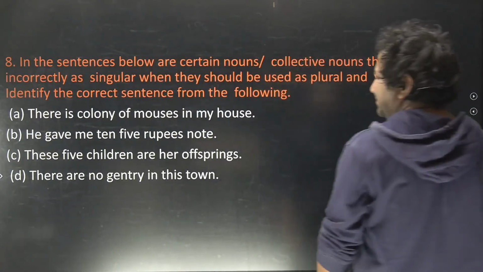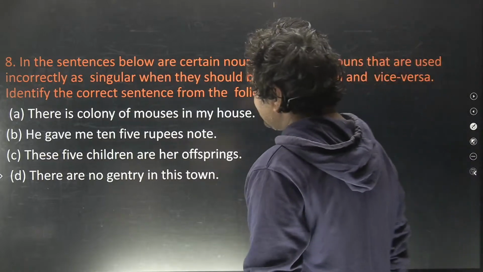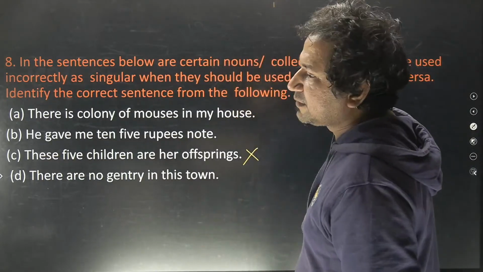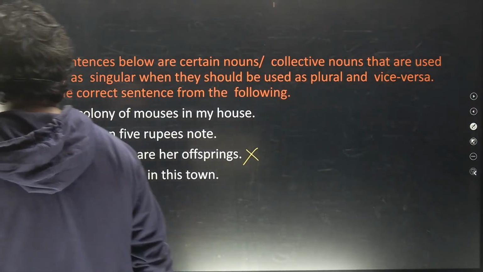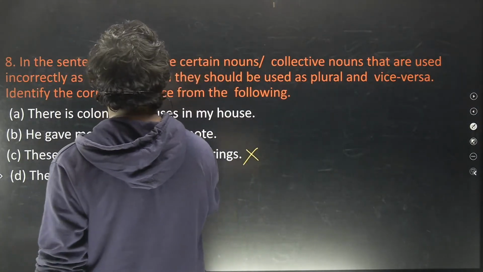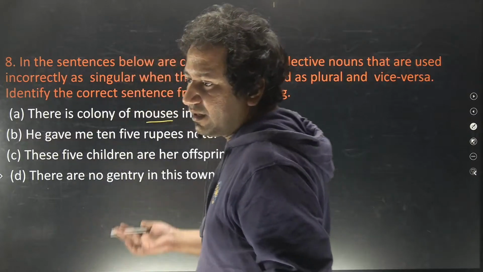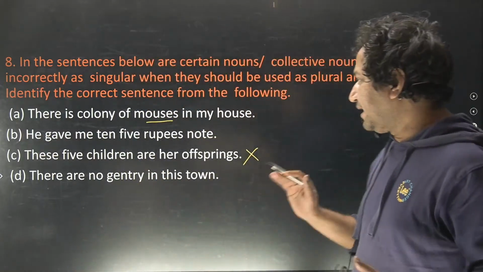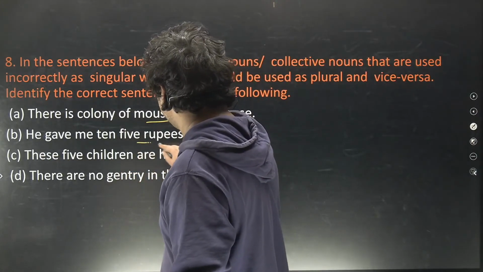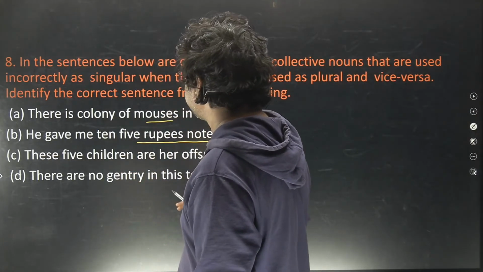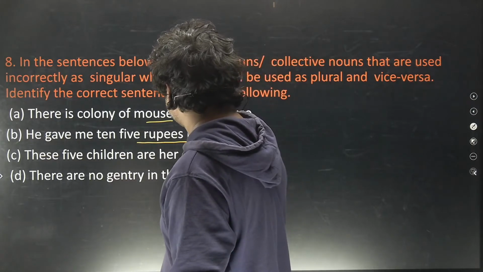You know what? C is wrong. C is wrong. A, it should be first of all mice. Mouses is nothing. Plural of mouse is mice. He gave me 10 5 rupee notes, because this should be there.